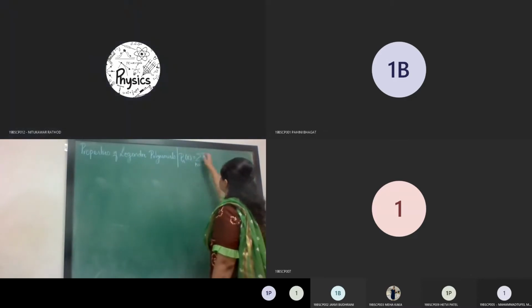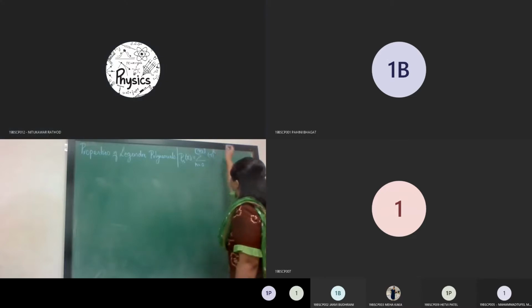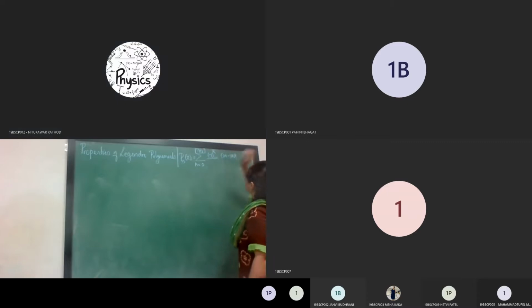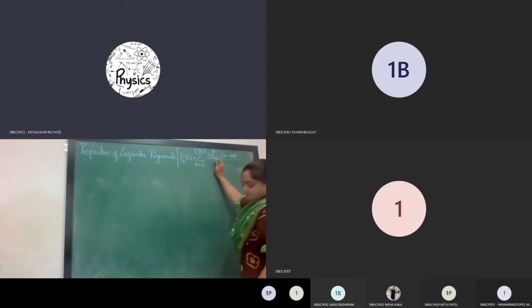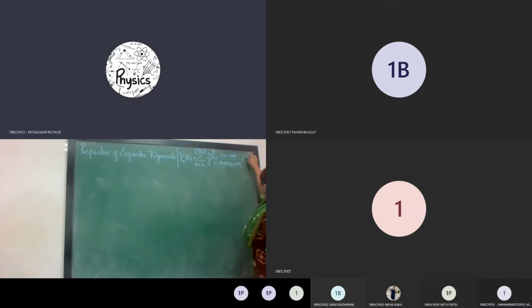Summation, sigma k is 0 to n, minus 1 raised to k, 2n minus 2k factorial, on the numerator, divided by 2 raised to n, k factorial, n minus k factorial, n minus 2k factorial, x raised to n minus 2k.